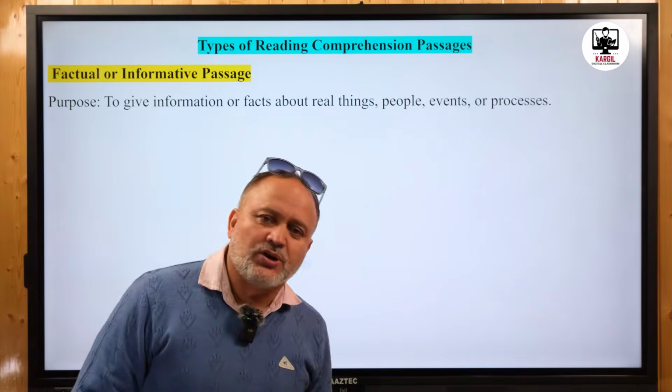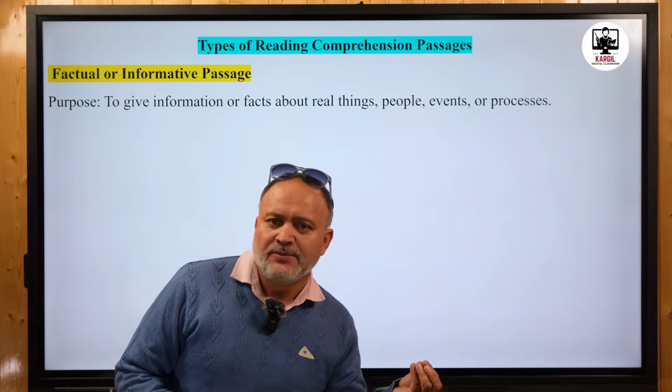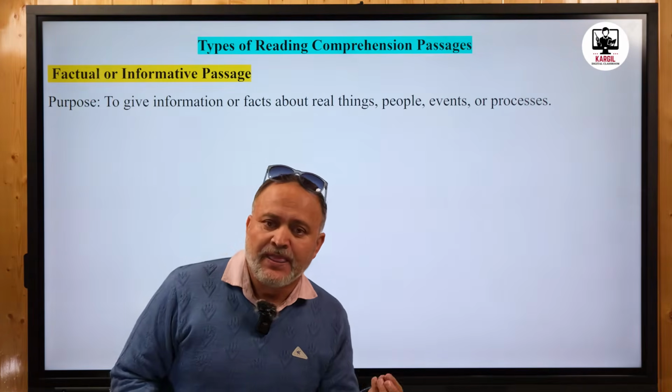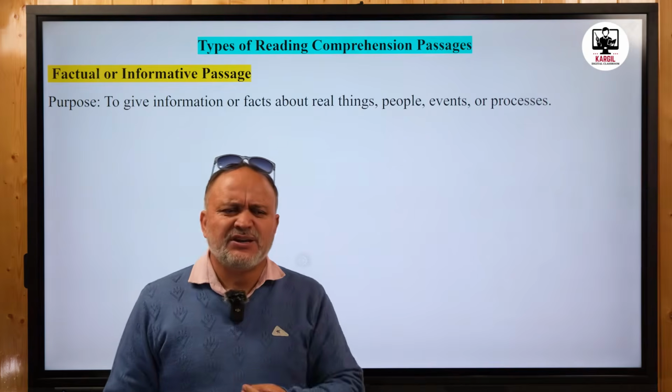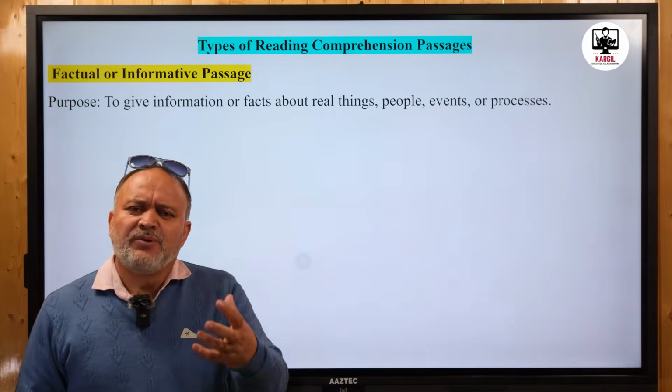For example, if we talk about apricot, we'll say apricot is a fruit. It is nutritious, it has medicinal values, and you will give a lot of information about it.